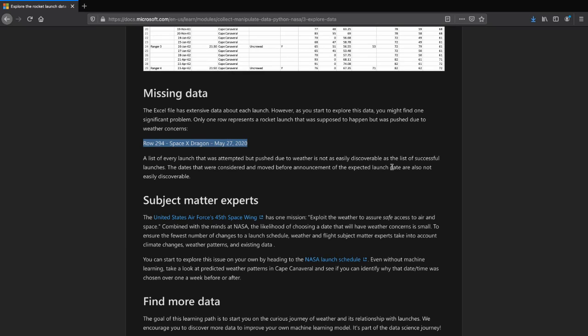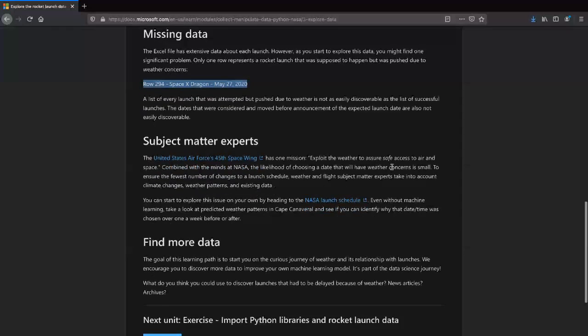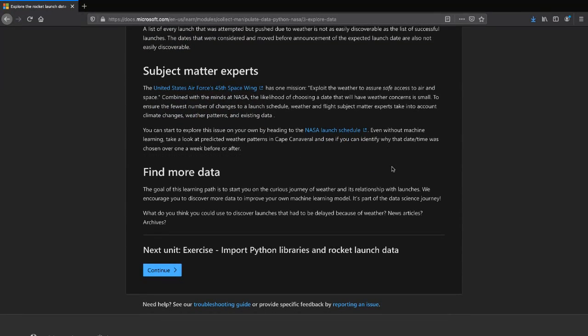I actually remember, I think I was watching when this one got pushed back. That's the kind of thing where we're going to have a lot of missing results, and we're going to have to fill those in. And usually you're going to want some guidance from experts on that process, not just making decisions as a programmer. You may not understand the implications of the decisions, but we'll talk about that in just a moment.